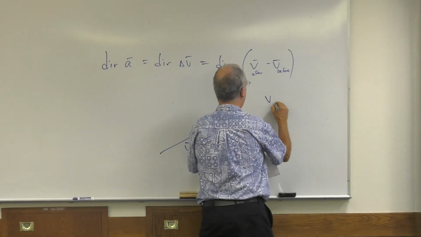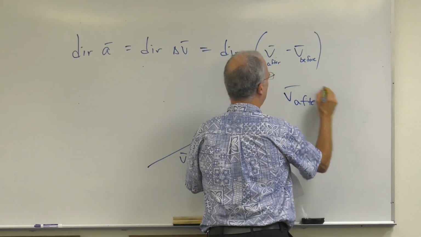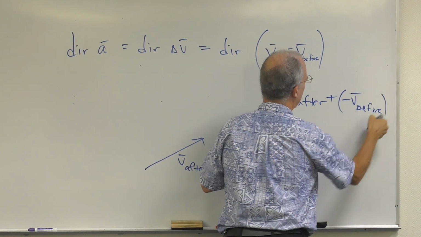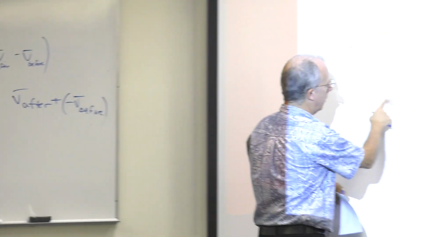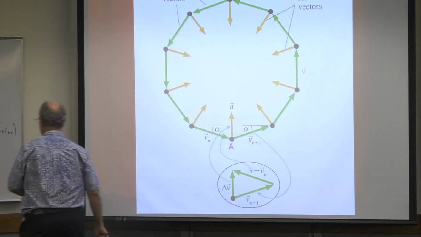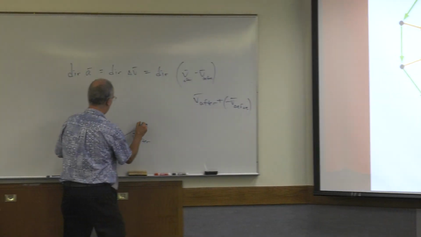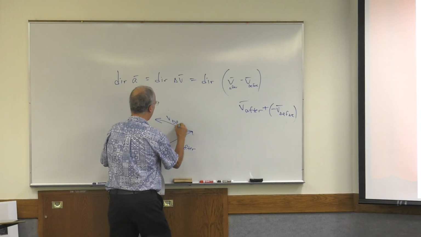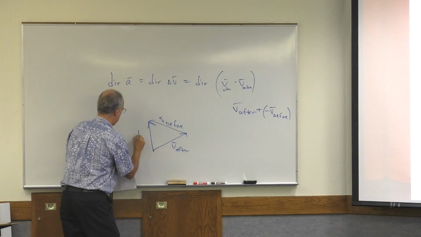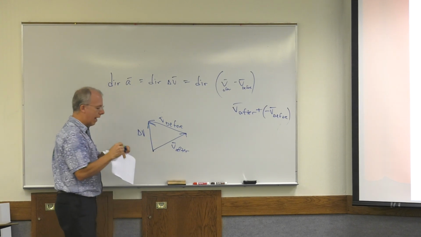This is V after plus minus V before. This is the vector before, so we want to switch the direction. So it's like this, V before, and then bingo, that's delta V, which is exactly what you did a little while ago.